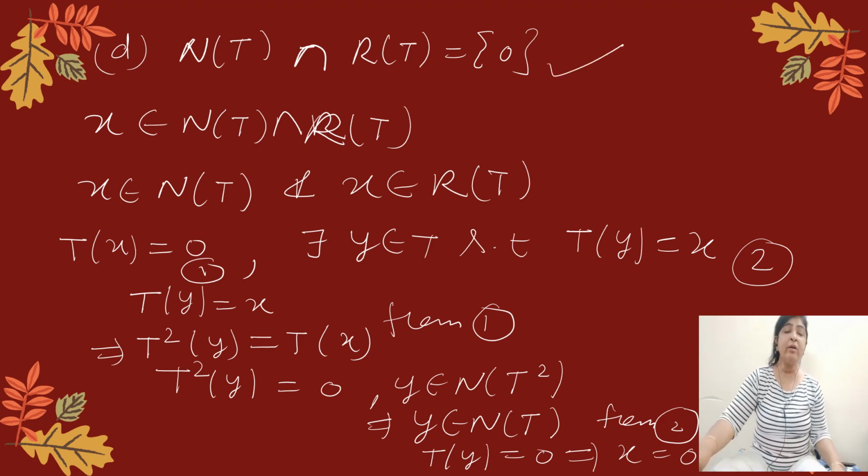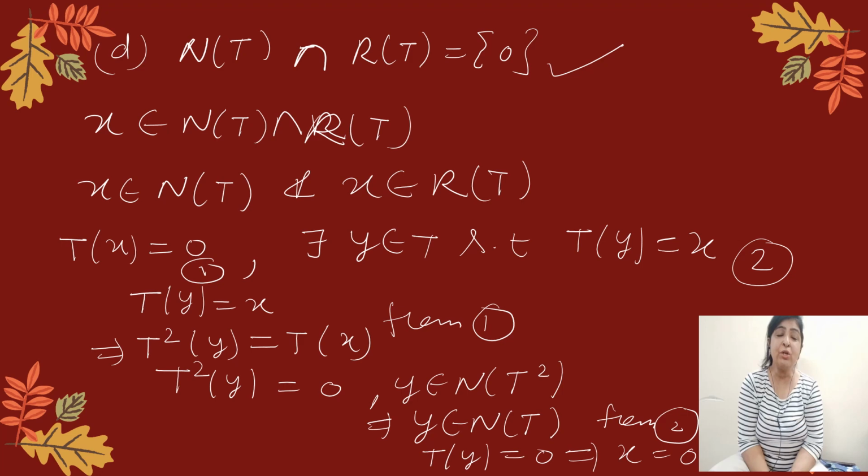So what we did, we have taken one element x from nullity of T intersection range of T. Because of the intersection, x belongs to nullity of T and x belongs to range of T. Then we have applied the definitions of nullity of T and range of T. Then we are getting T of y is equal to x. Then we apply T on both sides, so we are getting T square y is equal to T of x. But T of x is given as 0, so you are getting T square y is equal to 0.